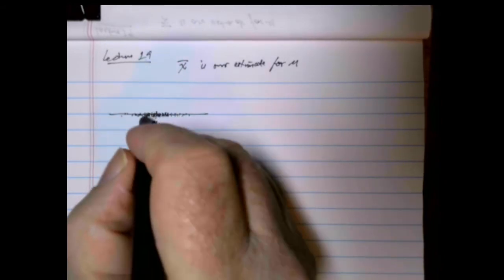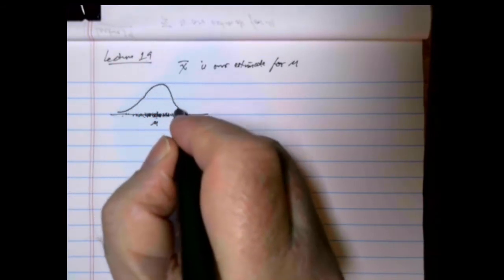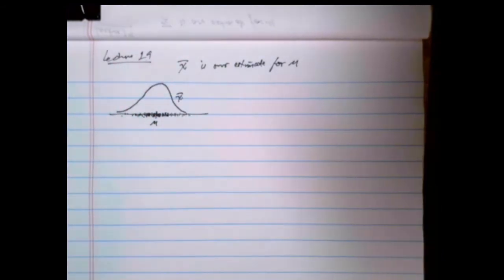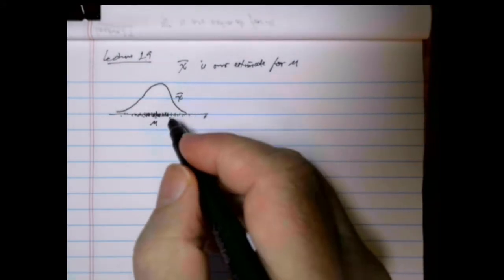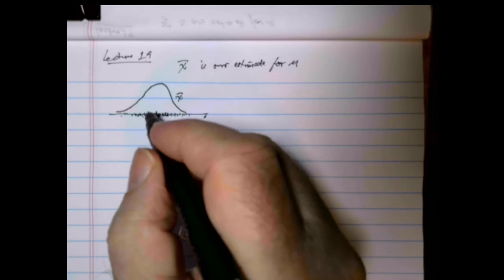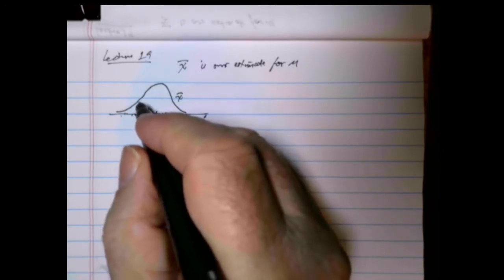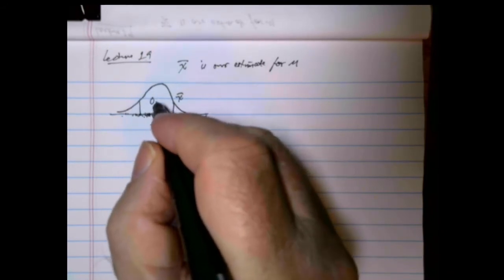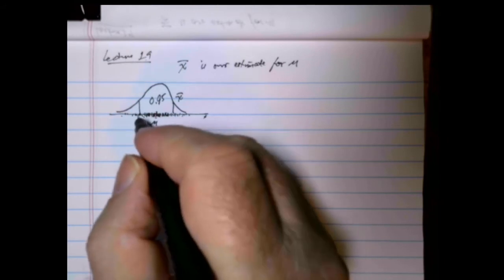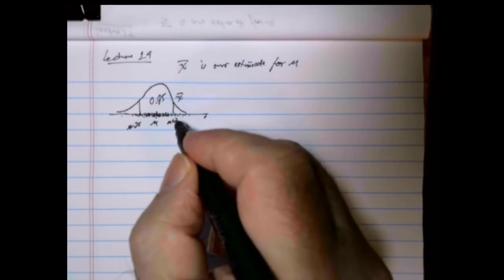If I draw in the PDF for these things, it's going to look like this. That's the X bar curve there. Well, we know, for example, from the empirical rule that 95% of the area under the curve is between these 2 points right here, mu minus 2 sigma and mu plus 2 sigma.